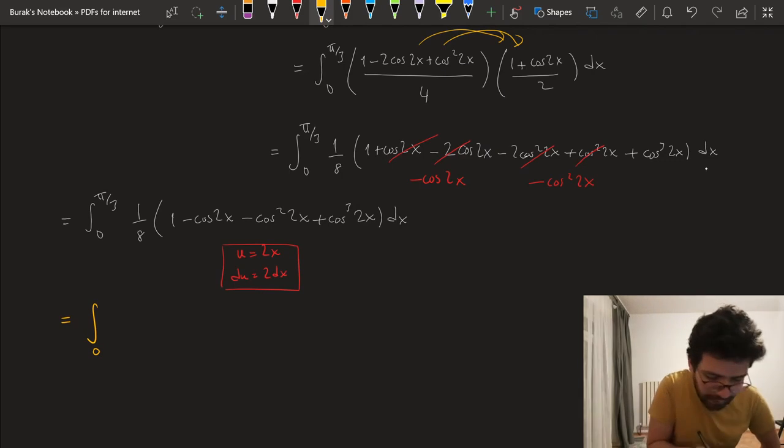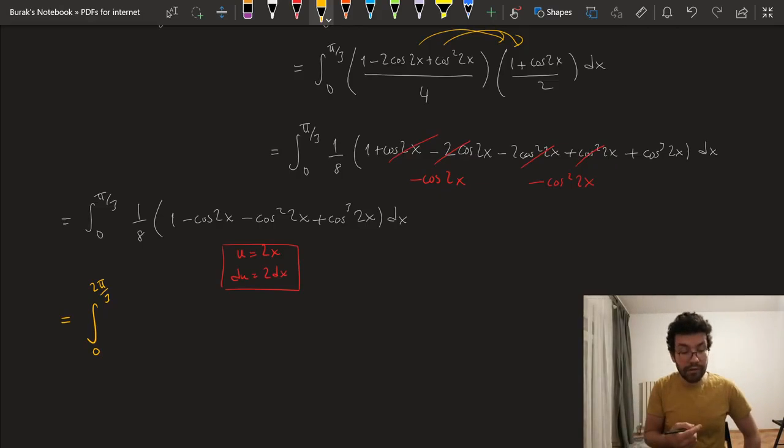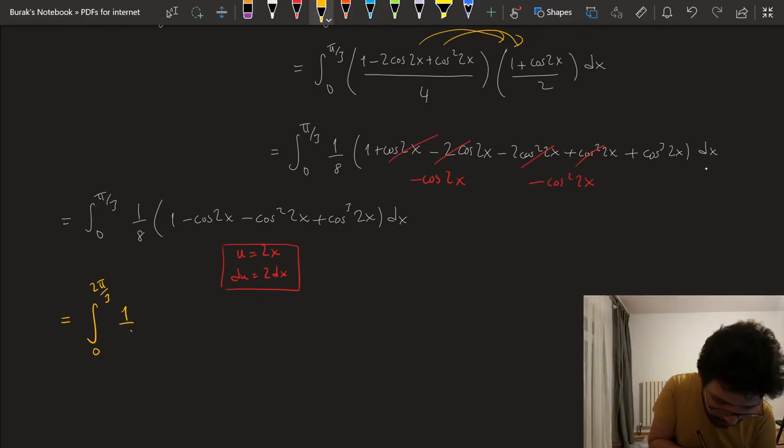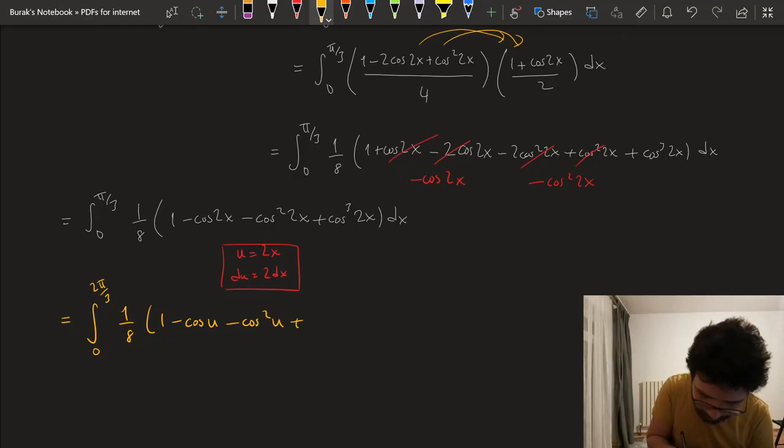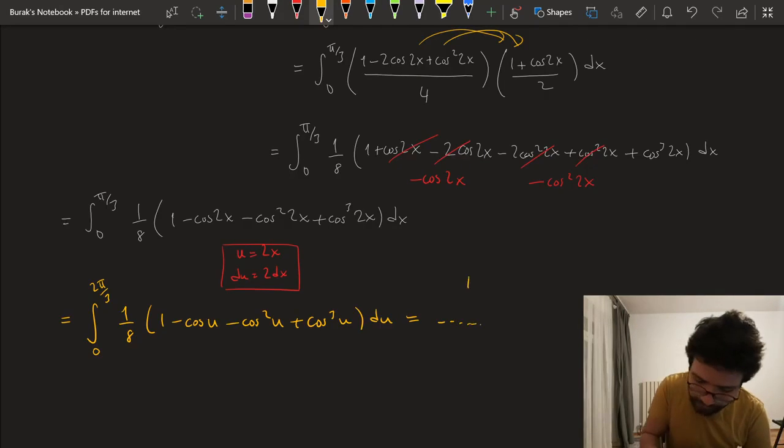If you plug in pi over 3, you're going to get that u is 2 pi over 3. So you are going to get 1 over 8, integral of 1 minus cosine u minus cosine squared u plus cosine cubed u. And then the rest is exercise. The rest is easy because why?